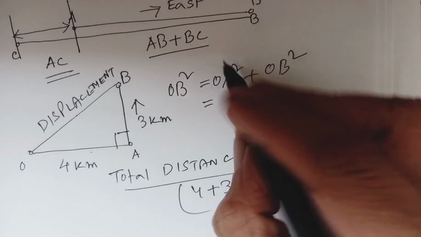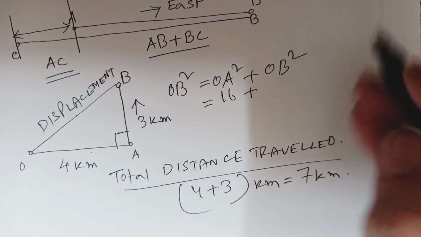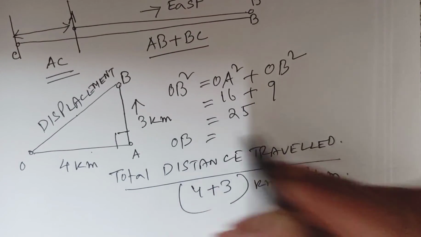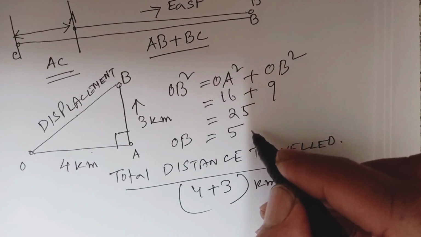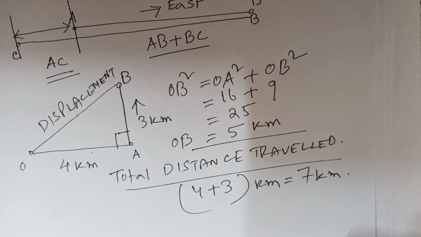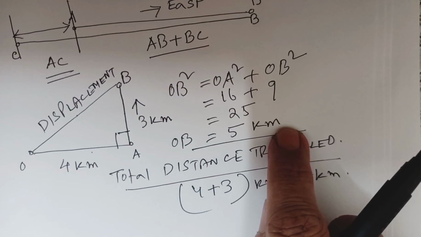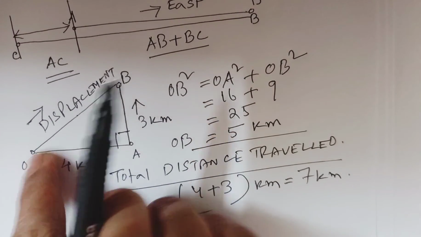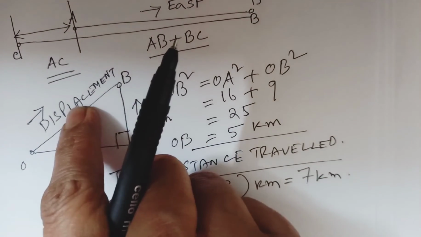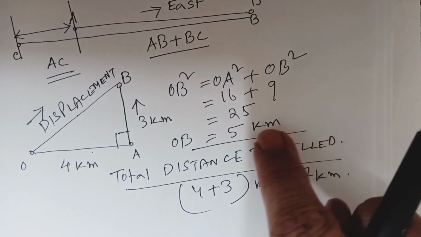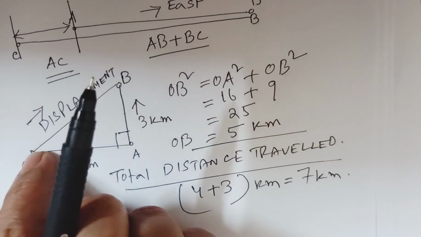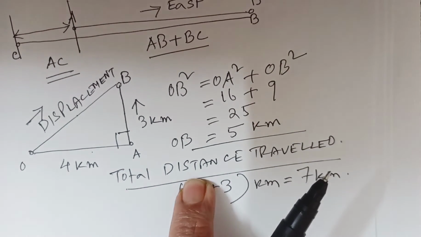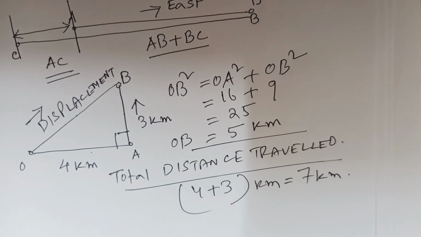OA is 4, 4 square is 16, AB is 3, 3 square is 9, so 25. So OB will be root over 25, that means 5 kilometer. So the displacement is 5 kilometer and it is directed from O to B, from the initial point to the final point. Displacement is a vector quantity, both magnitude 5 kilometer along with direction from O to B, whereas total distance traveled is a scalar quantity, only magnitude, 4 plus 3, that is 7 kilometer.